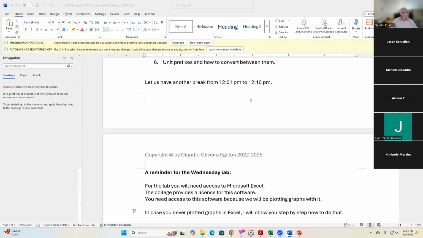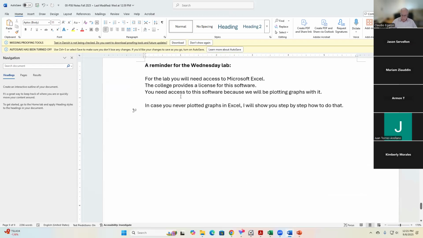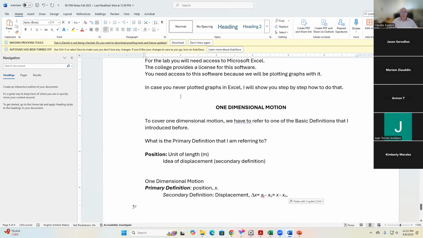Okay, so we started doing one-dimensional motion. Now we are going to elaborate on that. Here you go, one-dimensional motion.